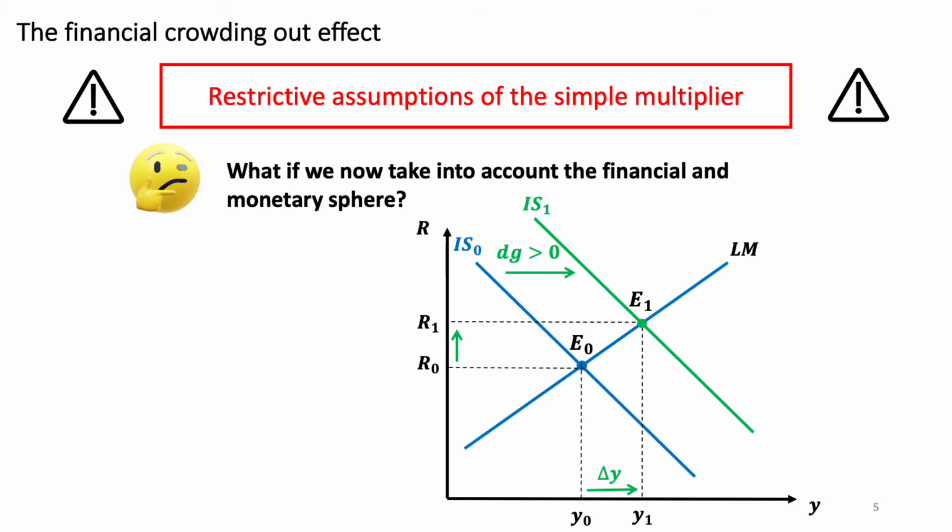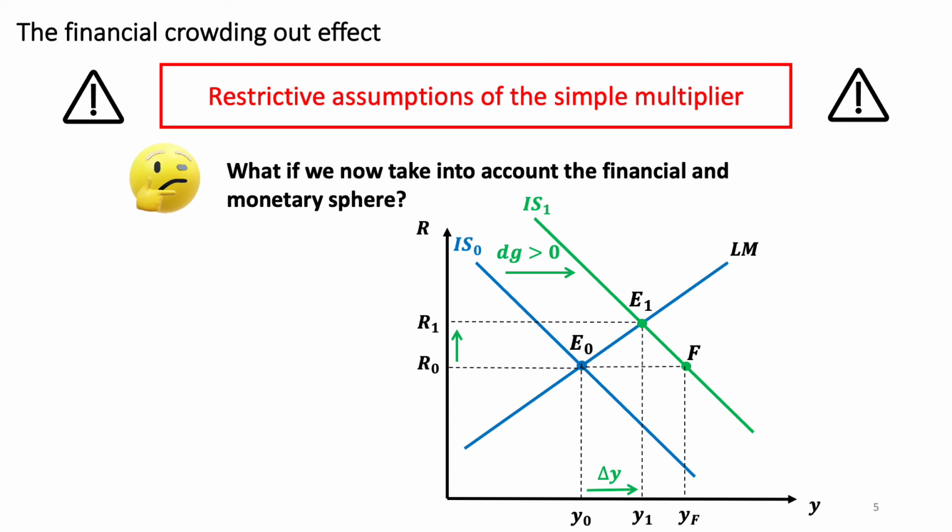We can clearly see here that the observed increase is lower than the increase we would have observed in the simple version of the multiplier. Indeed, in the simple version, the interest rate was constant. On our graph, we could have reached point F with a constant interest rate.